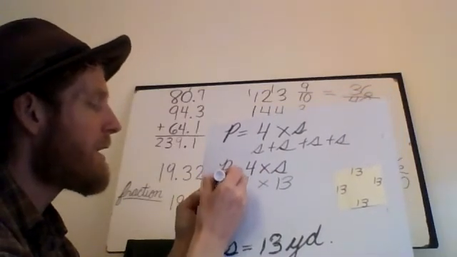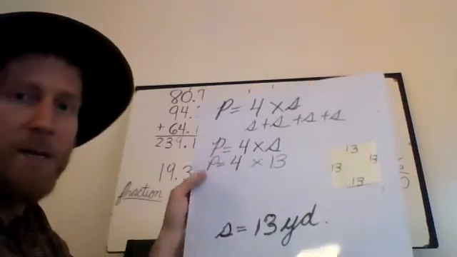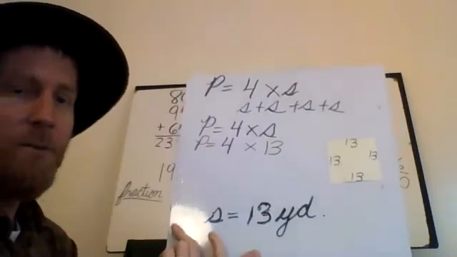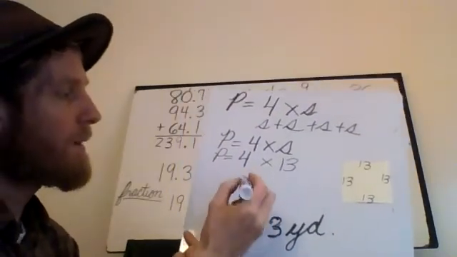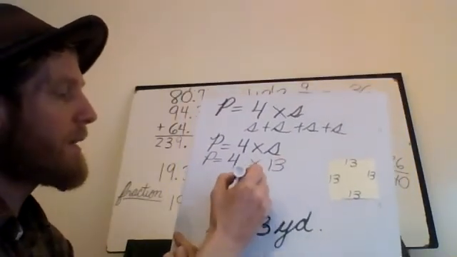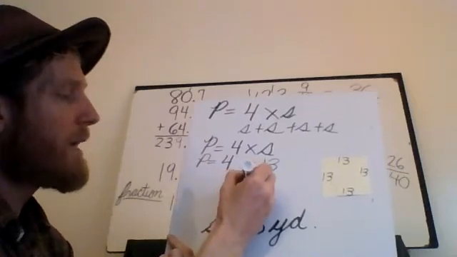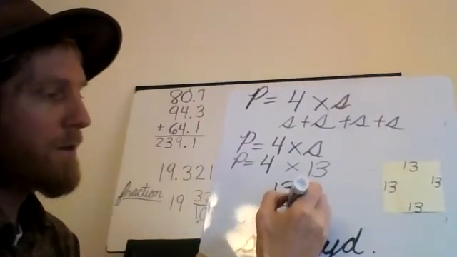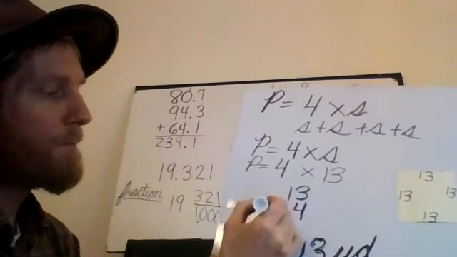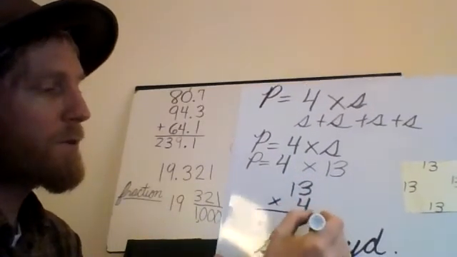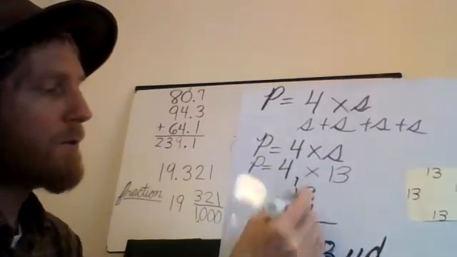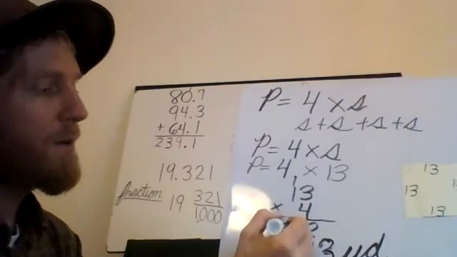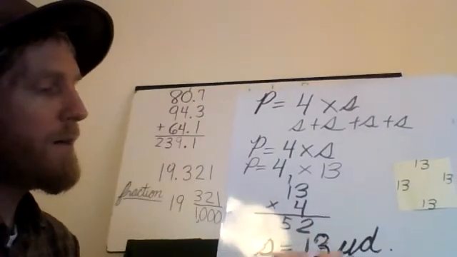And there's our P equals, right? All right. So now what? Well, we can simply multiply 13 times 4. 3 times 4, 12. 4 plus 1, 5, right?